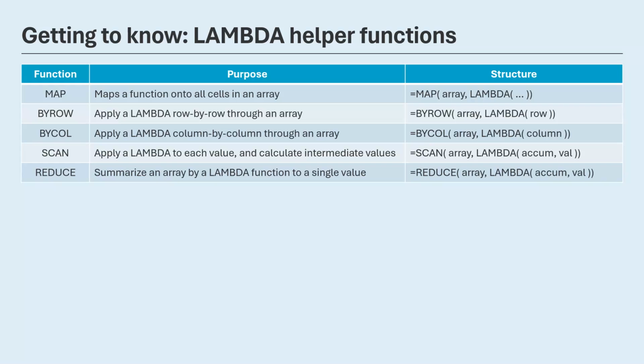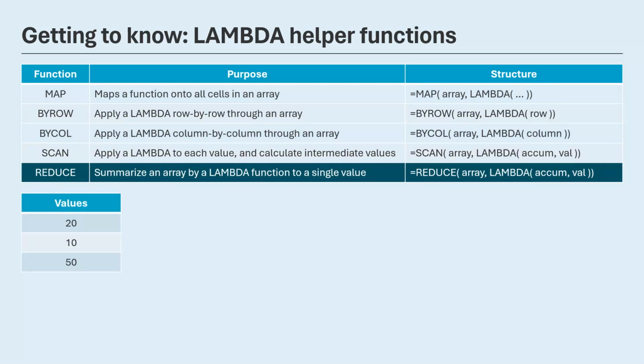So what's a scenario that might look like that? Let's say that you have the values of 20, 10, and 50, and what you decide you want to do is go across these three values, do something to each of the three values, and then maybe summarize it, maybe with a sum function or something like that.